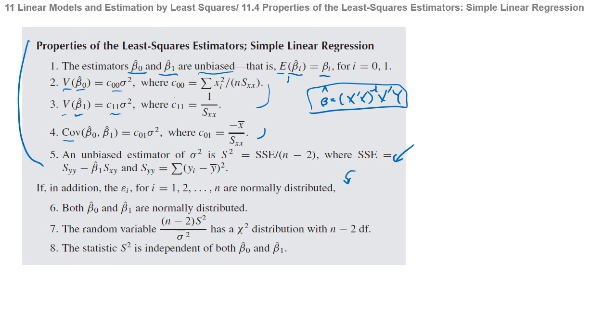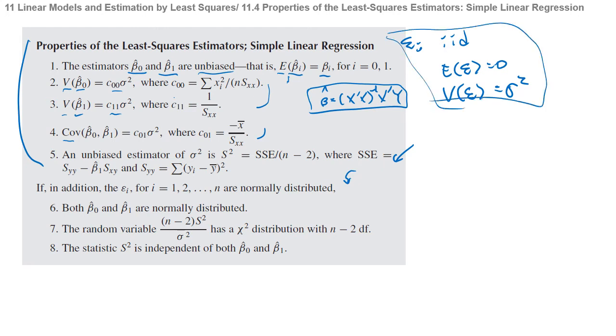So far we assume that epsilon i are IID, the expected value of epsilon is 0, and the variance of epsilon is sigma square. If we additionally assume that epsilon i are normally distributed, then the following things hold: both beta 0 hat and beta 1 hat are normally distributed, and several other things.